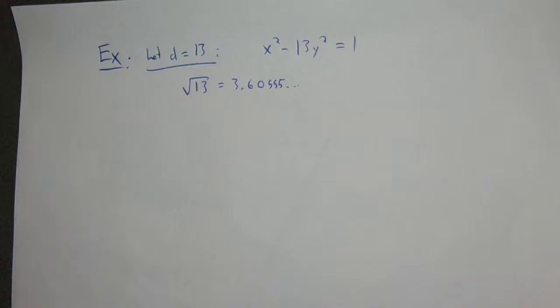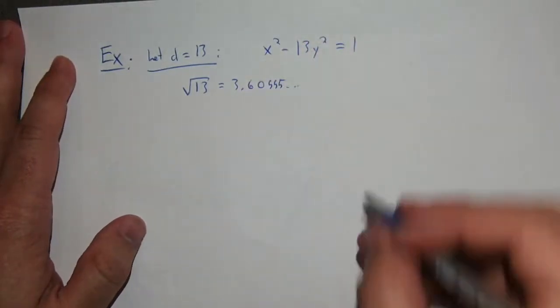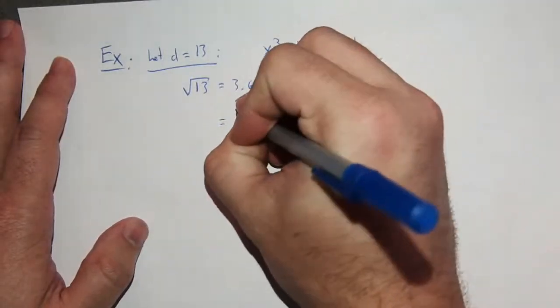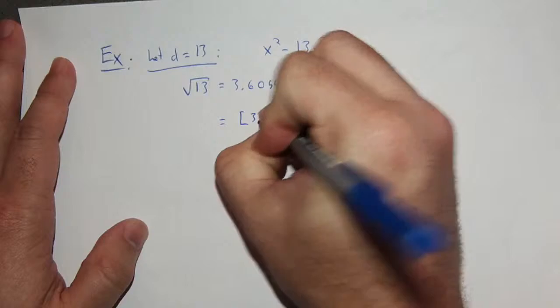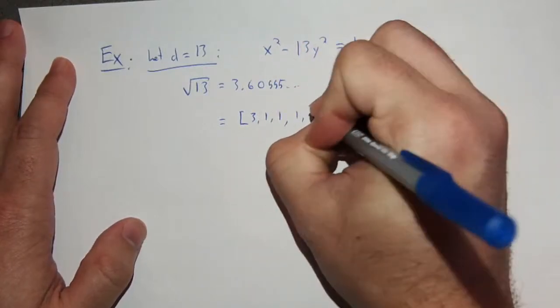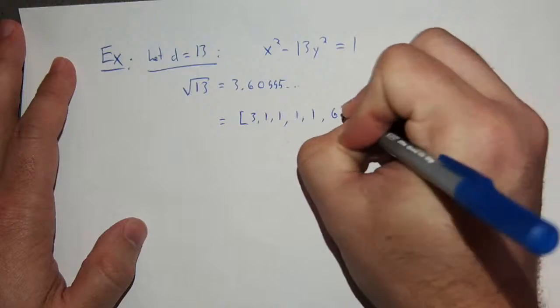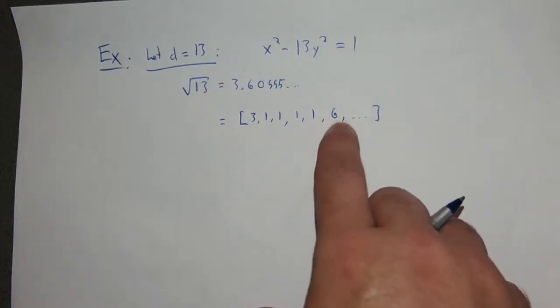So if you compute the continued fraction for this thing, this is 3, 1, 1, 1, 1, and then 6, and then some stuff. But you don't care because you stop at the point before the 6, right?